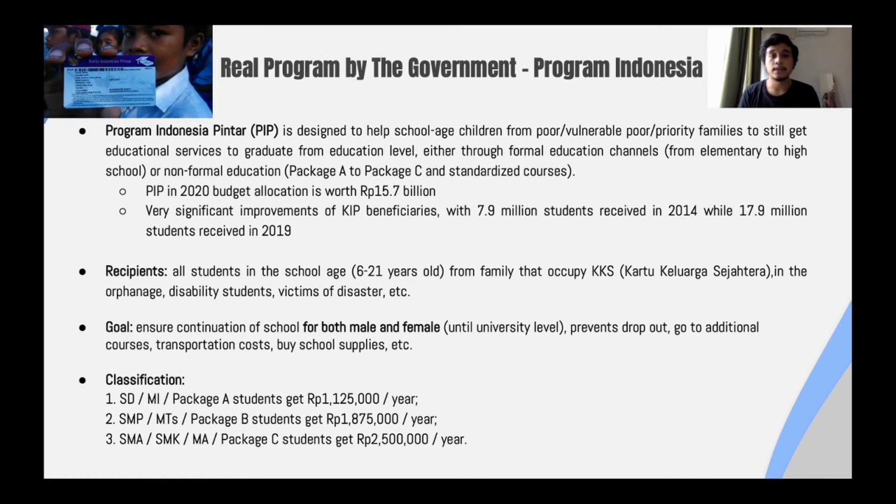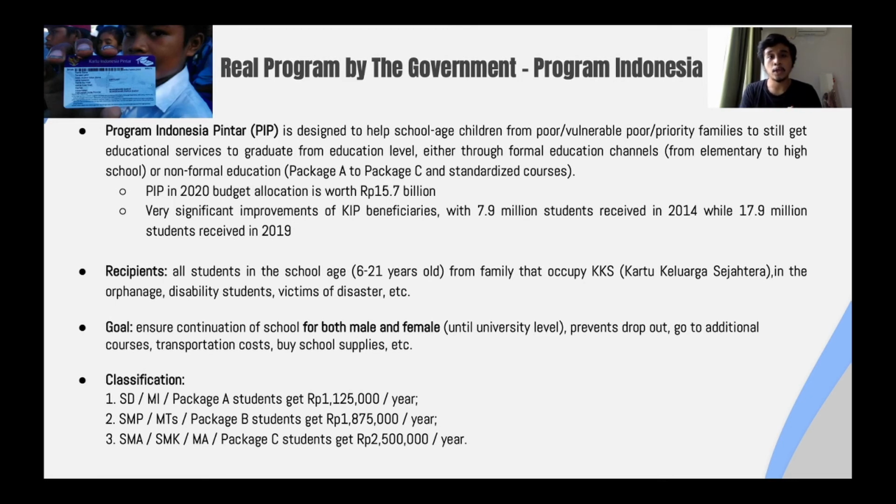And the main beneficiaries are the students whose families have KKS, Kartu Keluarga Sejahtera, also those in poor economic conditions, those who are victims of disasters, those in orphanages, and many others.